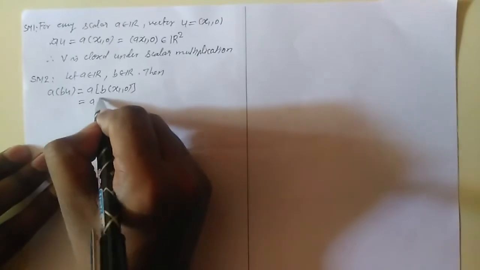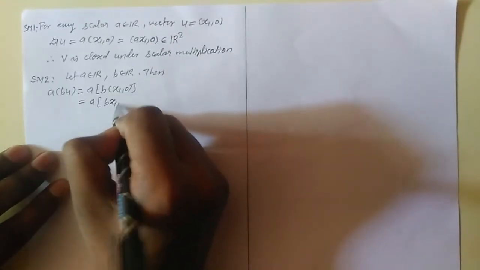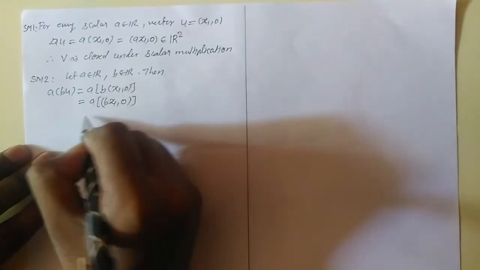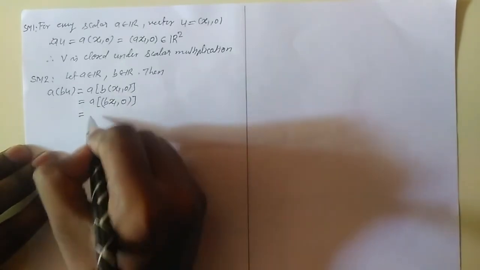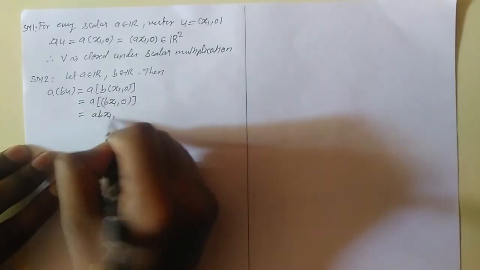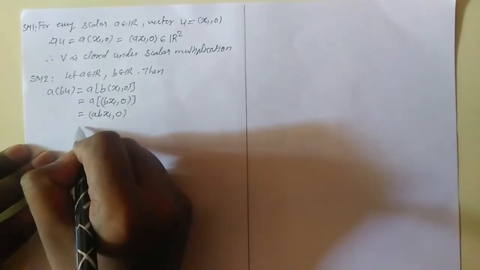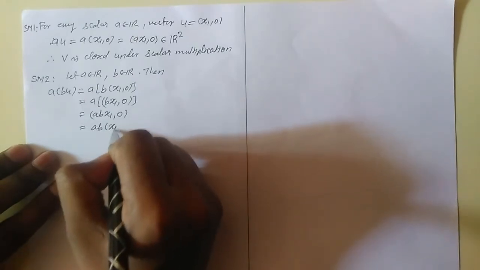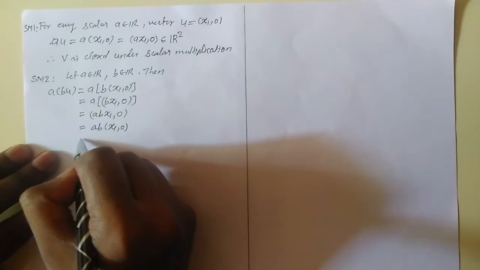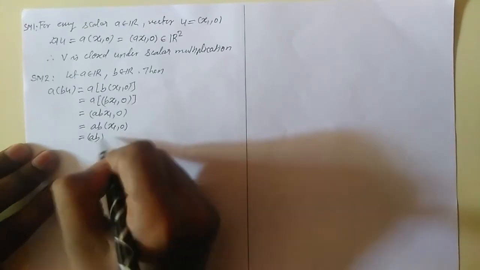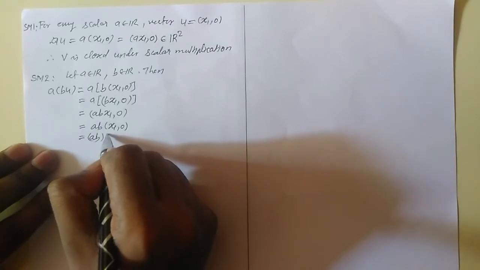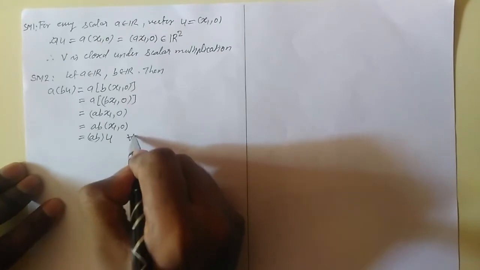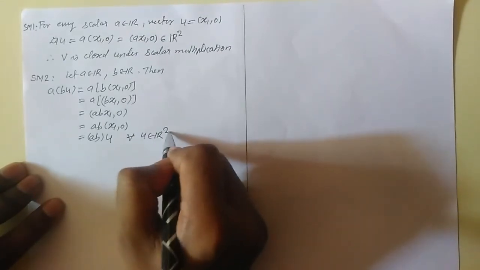This gives (abx1, 0), so we will have (a(bx1), 0), which is a(b(x1, 0)) = a(bu). This is true for all u belonging to R2.